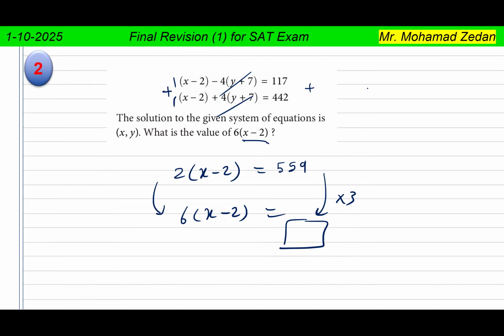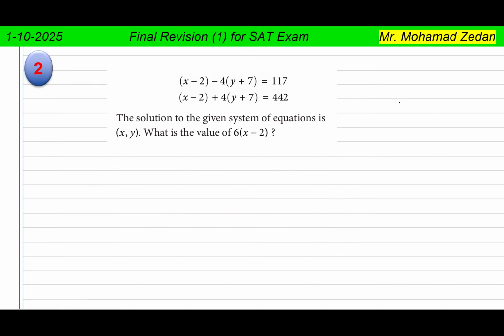Normally, for the two simultaneous equations, you need to add or subtract, and you will get the value. In the other case, if they ask you to find, for example, 8 times y plus 7, in this case you can subtract the two equations from bottom to up, because x minus 2 minus x minus 2 will be 0, and 4 minus negative 4 gives exactly 8 times y plus 7.